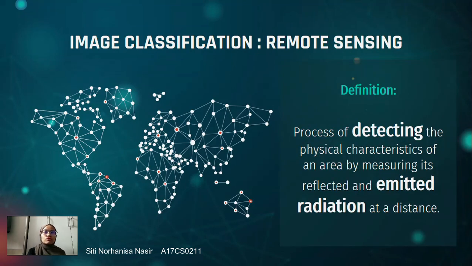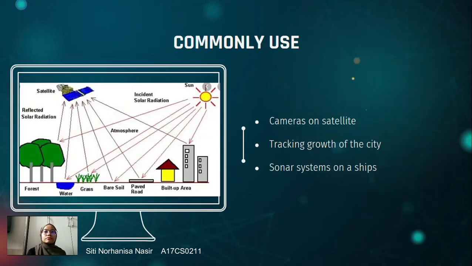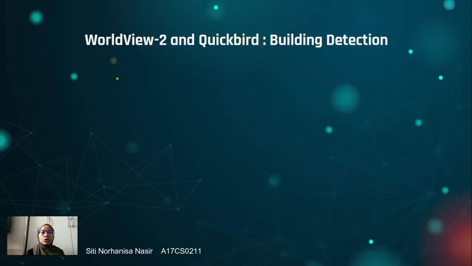The application of image classification is remote sensing. Remote sensing is the process of detecting the physical characteristics of an area by measuring its reflected and emitted radiation. Remote sensing is commonly used in cameras on satellites, tracking the growth of a city, and sonar systems on a ship.